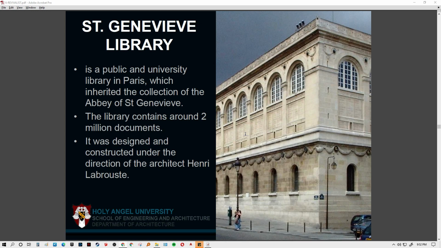Now it contains 2 million documents, which are mixed with history and about the place. It was designed and constructed under the direction of Henry Labrouste. So he is like the contractor of this structure.